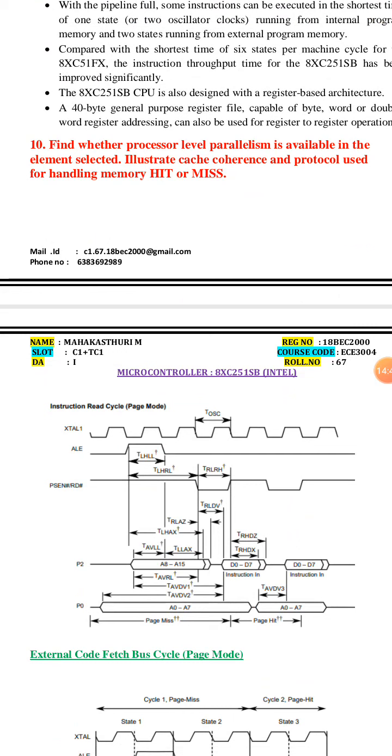And then last but not least, find whether processor level parallelism is available in the element selected, and illustrate cache coherence and the protocol used for handling memory hit or miss.